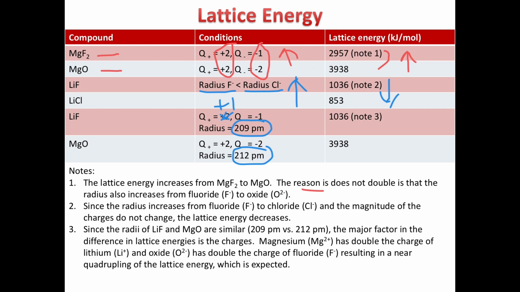Multiplied together, this is a 4-fold increase in the numerator of the lattice energy, and it can be seen that the lattice energy nearly quadruples from 1,036 kilojoules per mole in lithium fluoride, which is +1 -1, to 3,938 kilojoules, which is +2 -2 in the magnesium oxide.